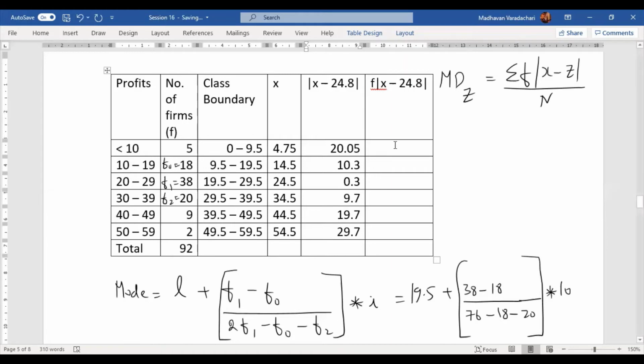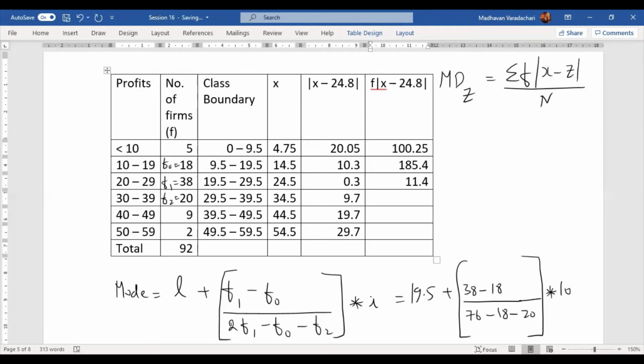Now let us find out this, which is this value multiplied by the frequency. So 5 into 20.05, we get 100.25. Then the next 10.3 multiplied by 18, we get 185.4. Then the next 0.3 multiplied by 38, we get 11.4.